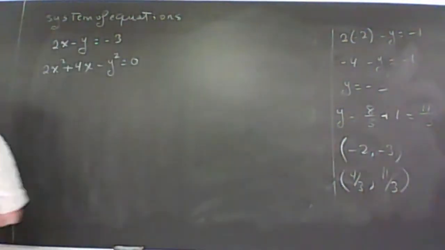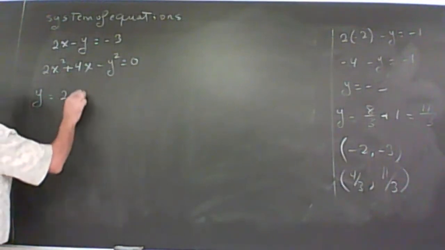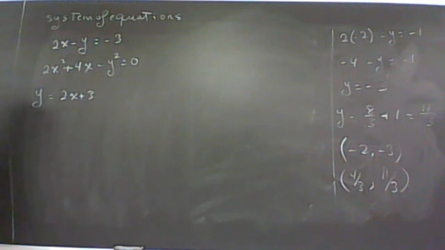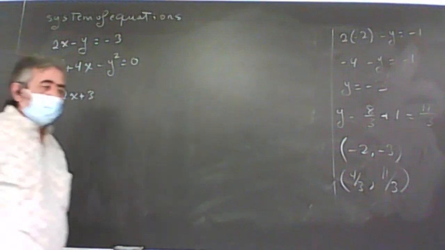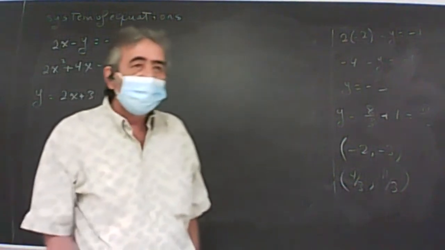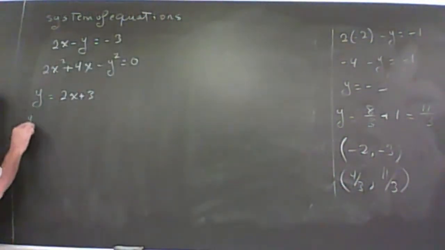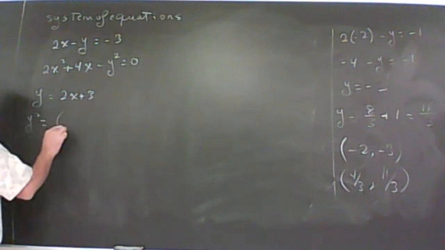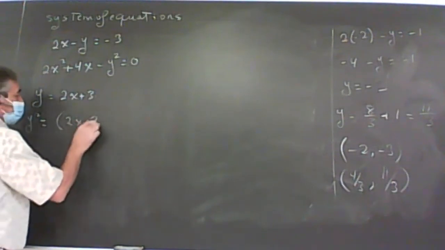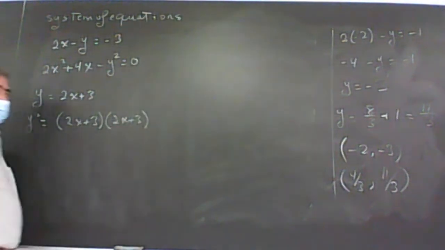So let's take equation 1. So y equal 2x plus 3. Yeah? And I know I'm going to square that, so I might as well go ahead and get the square right away. What's the square of that? So y squared equal 2x plus 3, 2x plus 3.